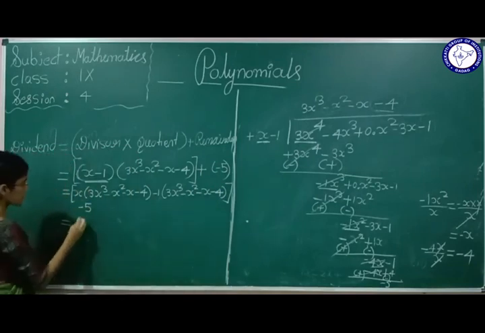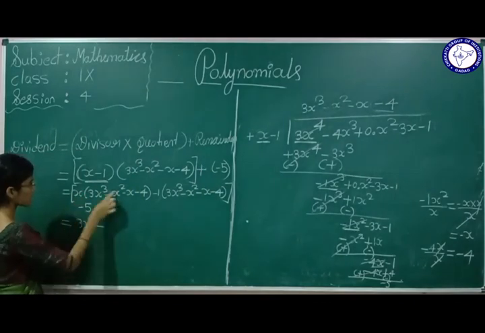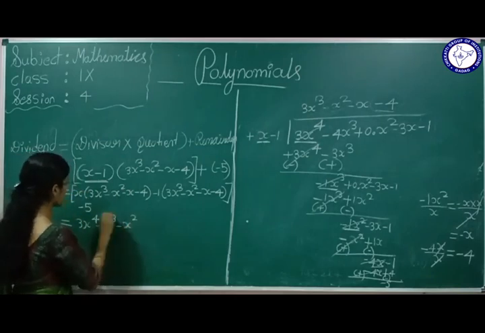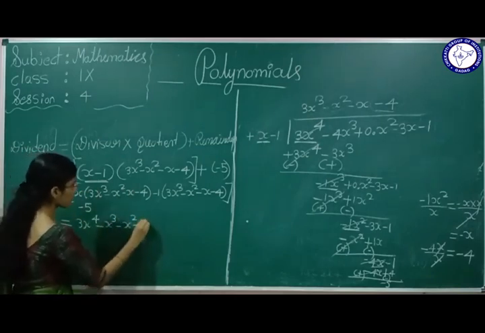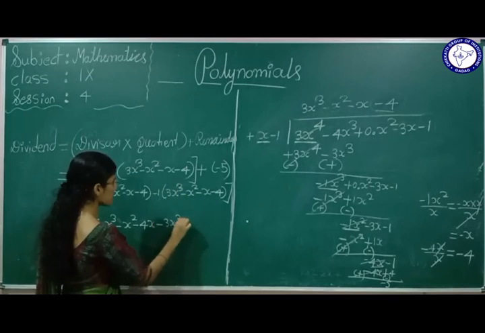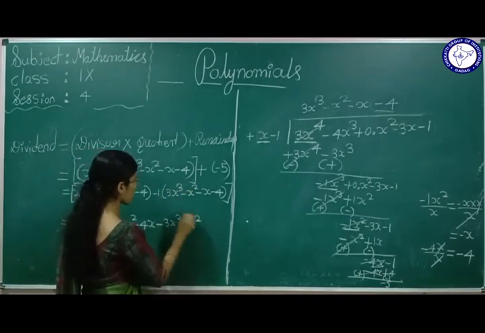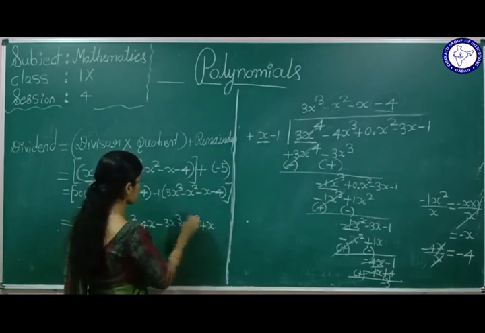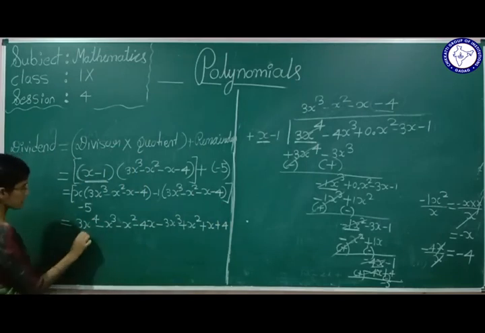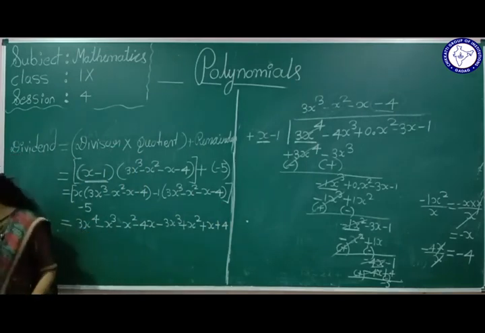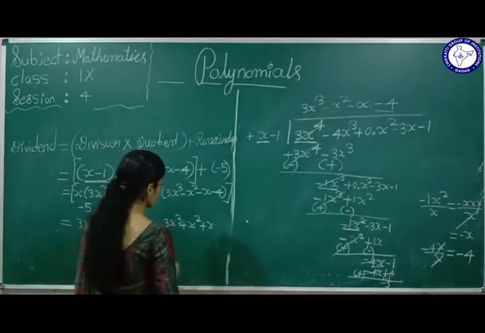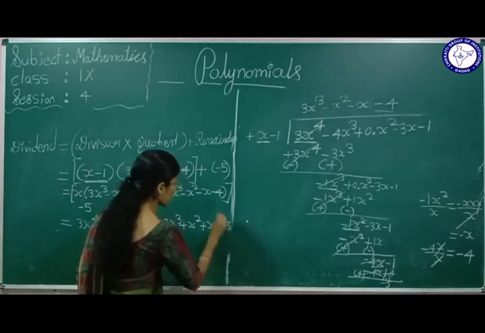Now see, 3x raised to 4 minus x into x square is x cube, minus x into x is x square, minus 4 into x is 4x, minus 1 threes are 3x cube, minus minus plus 1 into x square is x square, minus minus is plus x, minus minus is plus 4. Afterwards plus 4 minus 5.